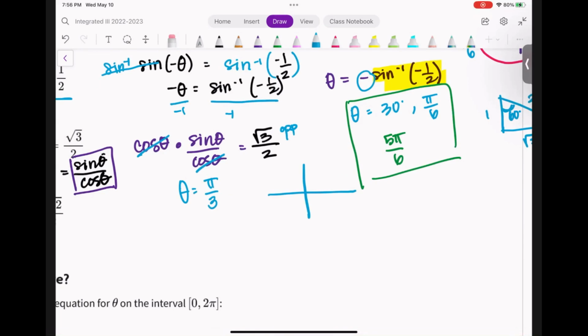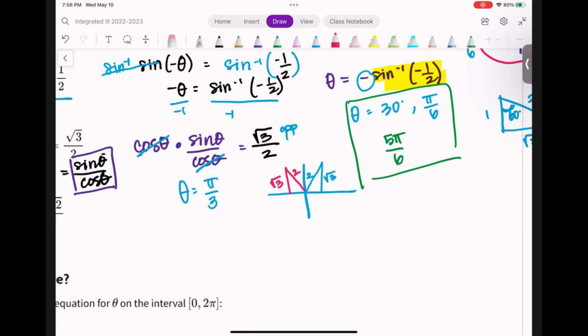And the way you get your second angle in that first circle, so here's my first one, right? This is root 3 over 2. Is there another right triangle that you can draw that has the opposite side also being root 3? And you're like, yeah, Ms. Johnson, if you reflect it this way, this is also root 3 over 2.